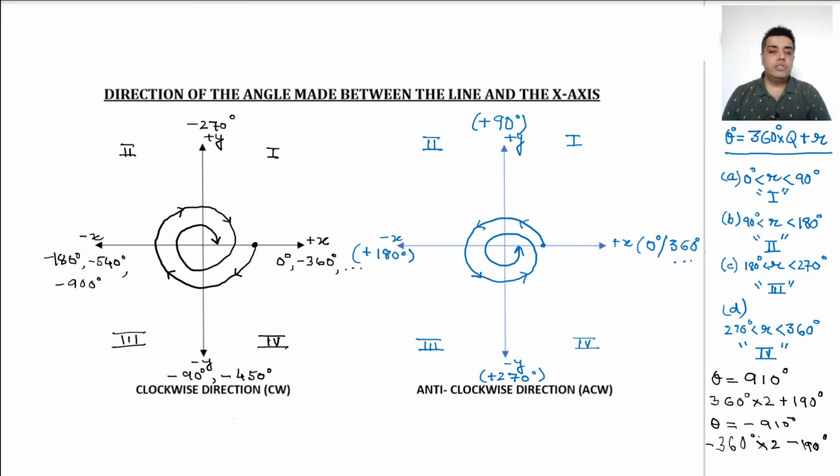All you need to understand here is when you're moving from the fourth quadrant to the third quadrant, let us say we started off from minus 360 degrees. In that case, the limiting value here would be minus 540 degrees, etc. That will give you a fair idea of which quadrant that value is going to lie in. I hope you have understood this, and it becomes easier for you to take this to the next level.